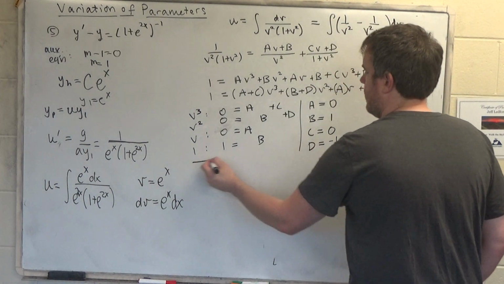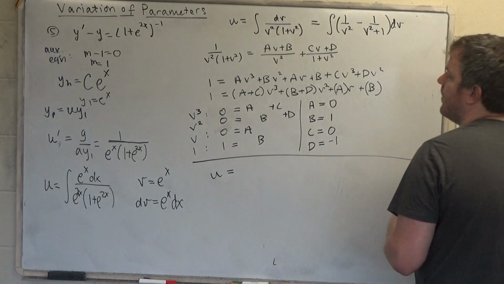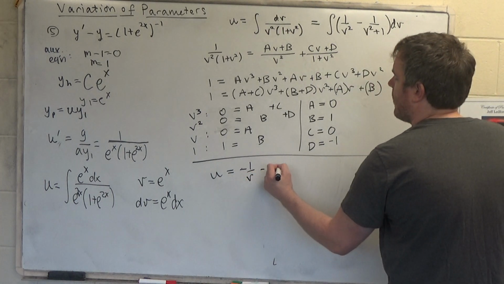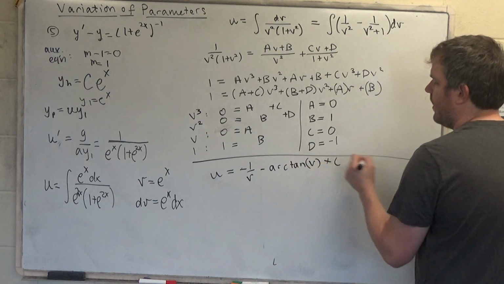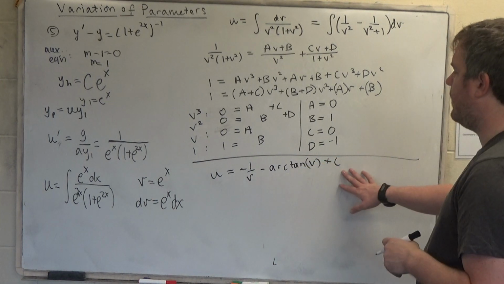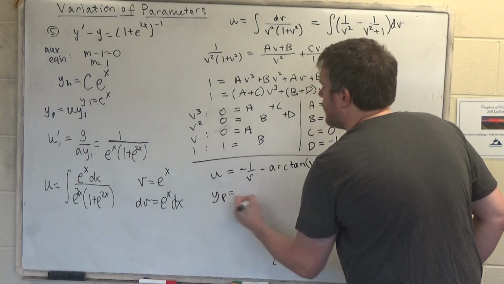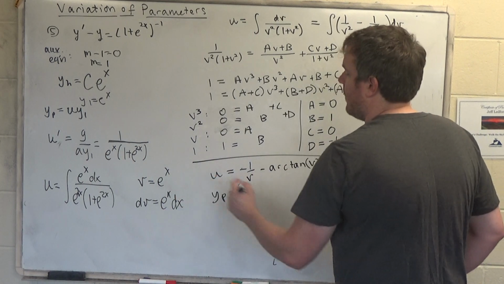So that u is negative 1 over v minus arctan of v. Again, plus c, but I'm going to set c equal to 0 to make my life easier. So the particular solution is negative 1 over v, but v is e to the x.